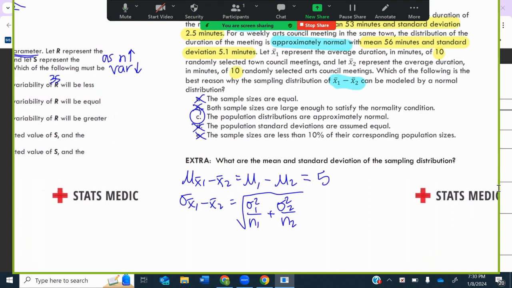So those are everything we need. X bar 1 is town council meetings. And then X bar 2 was arts council. So we got 53 minus 56 equals -3 minutes. Keep it negative, that's okay.